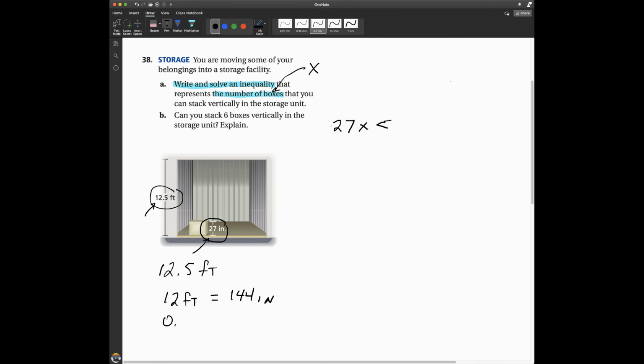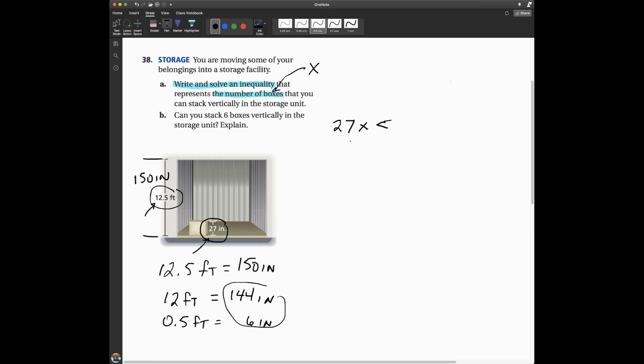What about half of a foot? How many inches is that? Well, if 1 foot is 12 inches, half of a foot is 6 inches. So if I just add these two numbers together, that tells me that 12.5 feet is 150 inches. So I'm going to use 150 inches as the height of my storage.